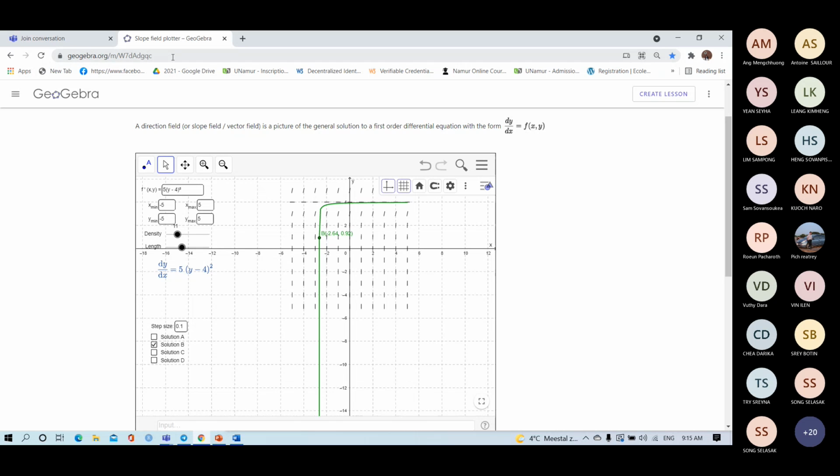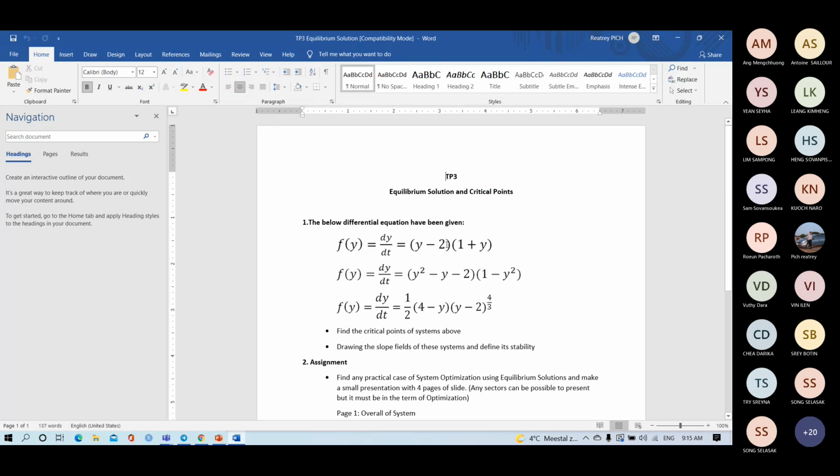You know the reason why? When I share this one and you try to do the exercise to calculate the critical point, you do not do it, you just put the equation in that application and it will show you the critical points. But the thing that is difficult is defining the stability.